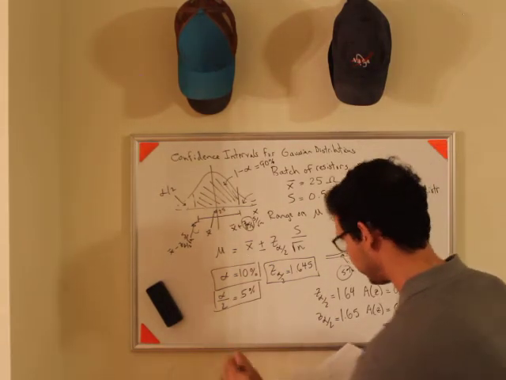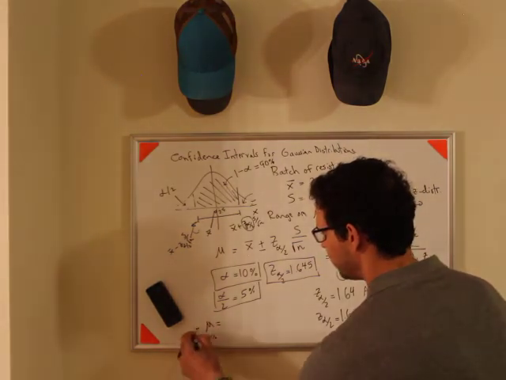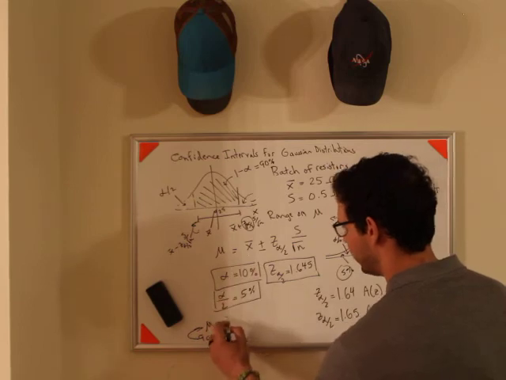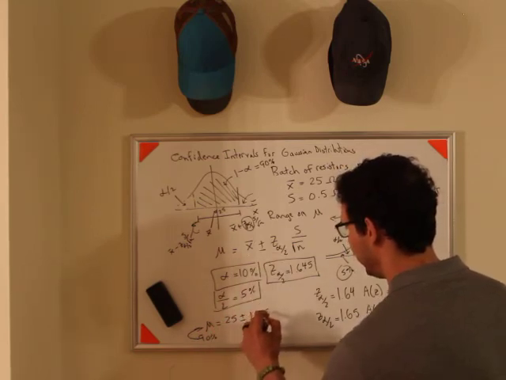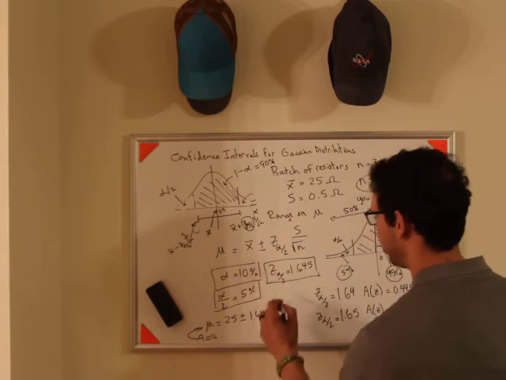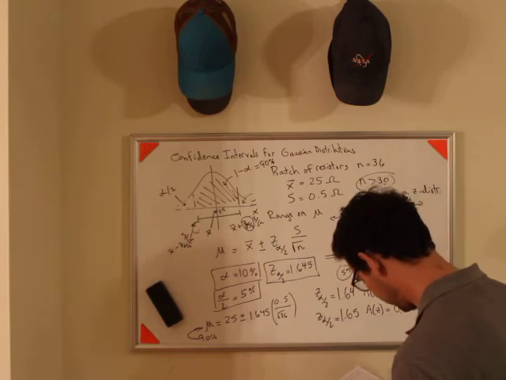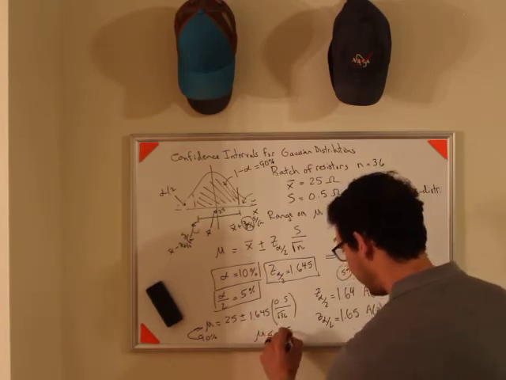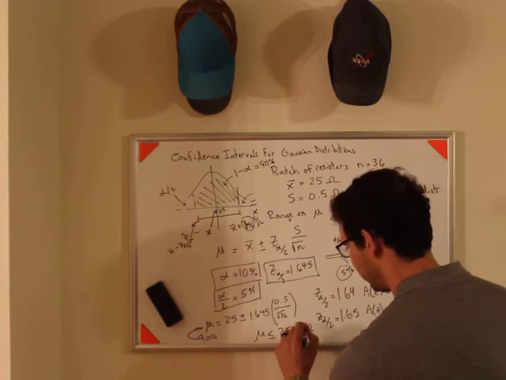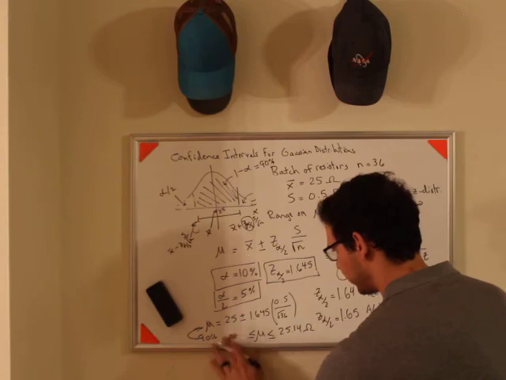The book basically says, take your 90% confidence on mu: x bar, so that's 25, plus or minus z alpha over 2, so 1.645, times s, your sample deviation, 0.5, over square root of 36. And what they get is that their range on mu is 25.14 ohms, make sure to put units, and 24.86.